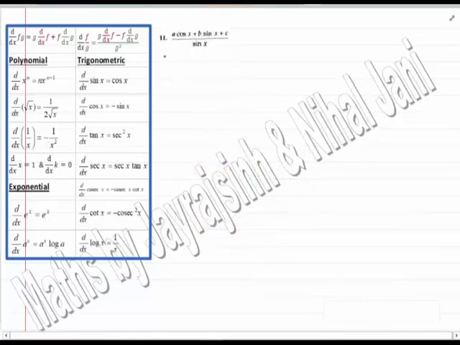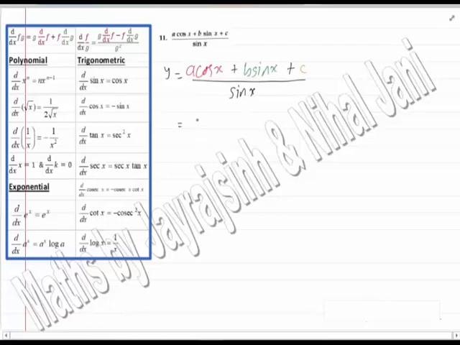Chalo, question number 11. y is equal to a cos x plus b sin x plus c upon sin x. Okay, now as you know, before applying the differentiation we should give individual denominators to simplify, right? So let's add some extra steps.